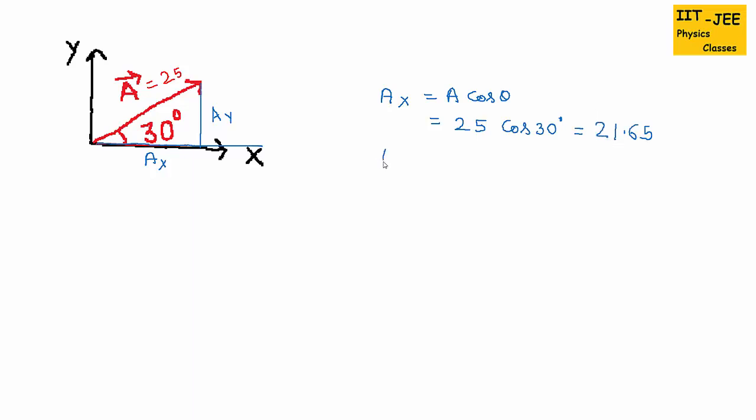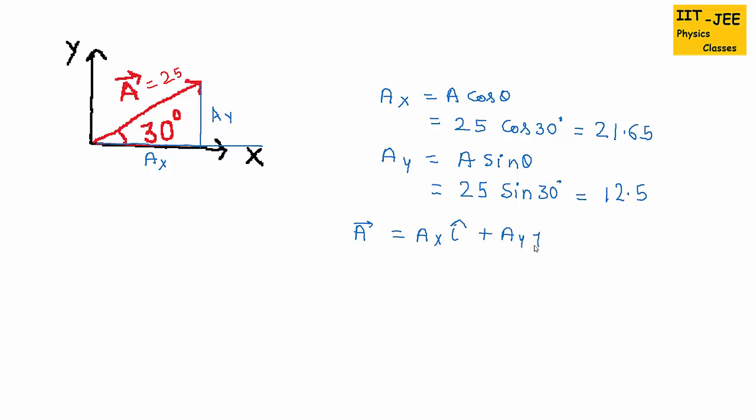Then the y component, ay, equals A sin theta, which is 25 sin 30 degrees, equals 12.5. So we got ax and ay, and then we can write the vector A as ax i cap plus ay j cap. So it is 21.65 i cap plus 12.5 j cap. This is the ijk form of the vector.